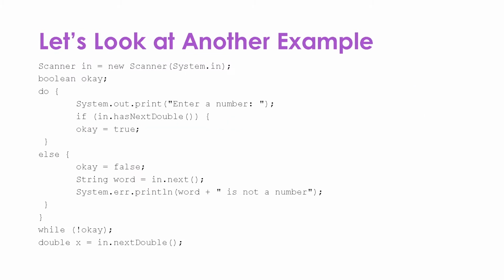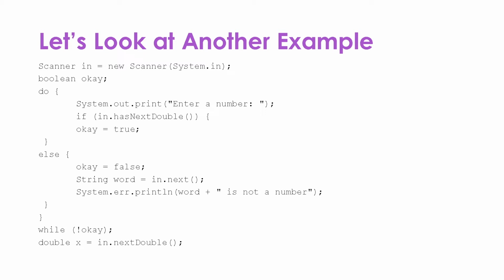So here's another bigger example. In this bigger example, what we're doing is another great use case for a do-while loop, and that is input validation, which is something that we haven't really talked about a ton yet.